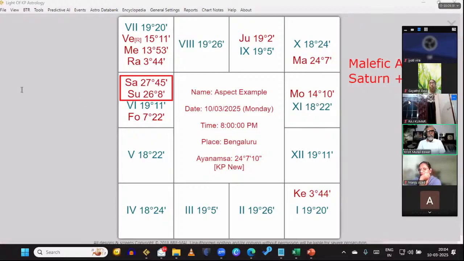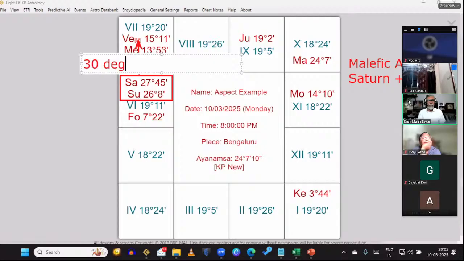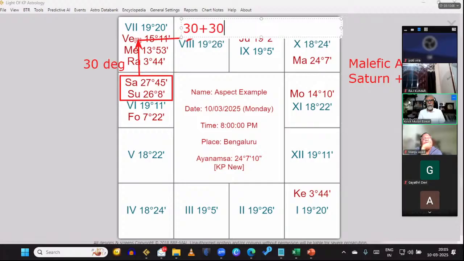Now, if you see from here, from around 25, 26, 27 degrees, Pisces is 30 degrees. So keep this in mind, 30-degree aspect. From there, each house is another 30 degrees. So this will be 30 plus 30.